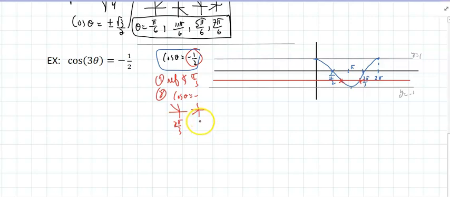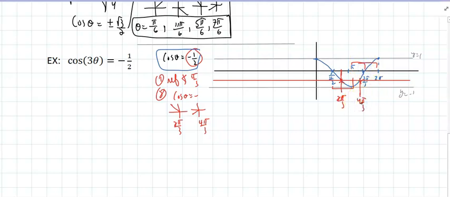And quadrant 3, it's 4 pi over 3. That tells me that this point right here is between pi over 2 and pi, which is 2 pi over 3. And this crossing right here is between pi and 2 pi and 3 pi over 2. That happens to be at 4 pi over 3.